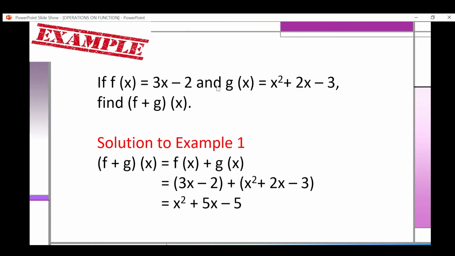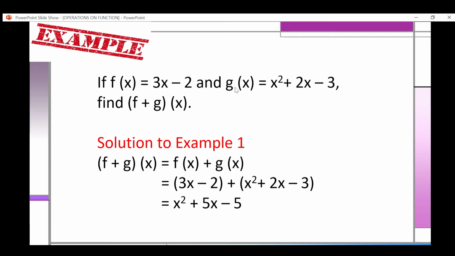Okay, let's have some examples. If f of x equals 3x minus 2 and g of x equals x squared plus 2x minus 3, find f plus g of x. So, we express f plus g of x as f of x plus g of x, so it is easier to substitute. So, f of x is 3x minus 2.